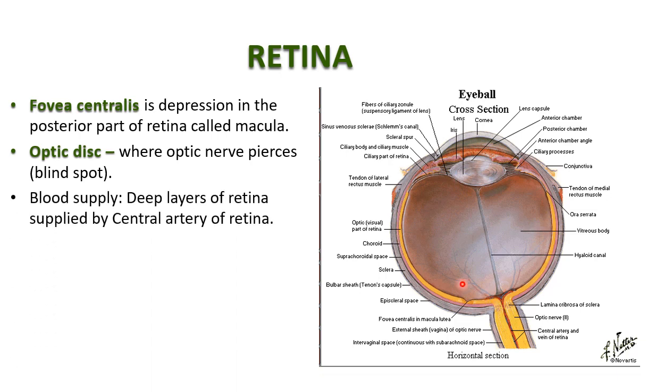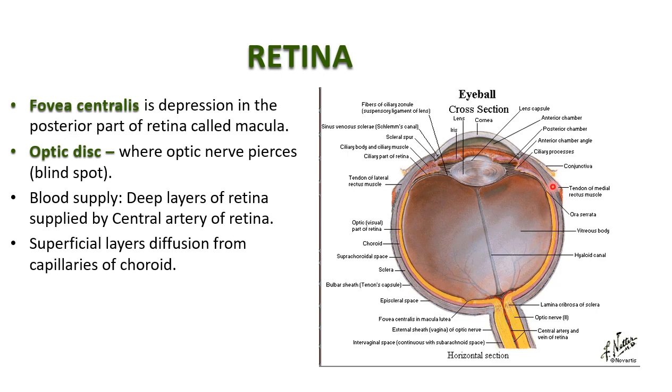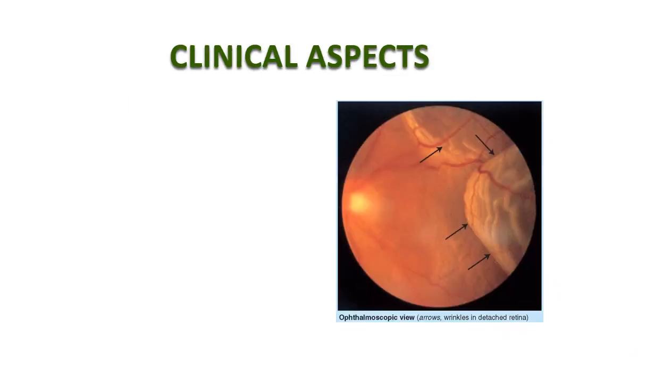The blood supply to the deeper layers of the retina is mainly from the central artery of the retina, which supplies the inner layers, whereas the superficial layers receive diffusion from the capillaries present in the choroid layer. The central veins of the retina mainly drain into the cavernous sinus or through the ophthalmic veins.